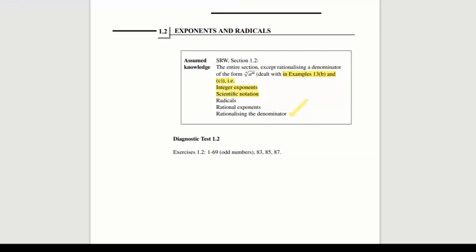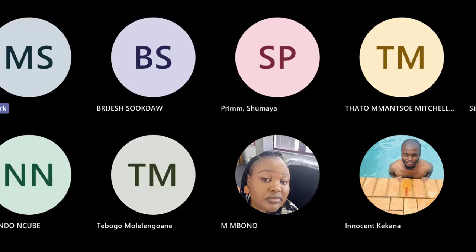Okay, let's just do a problem quickly. A very simple problem, how to rationalize a denominator, okay? Let's just share the whiteboard with you guys. I just have to create something new there.